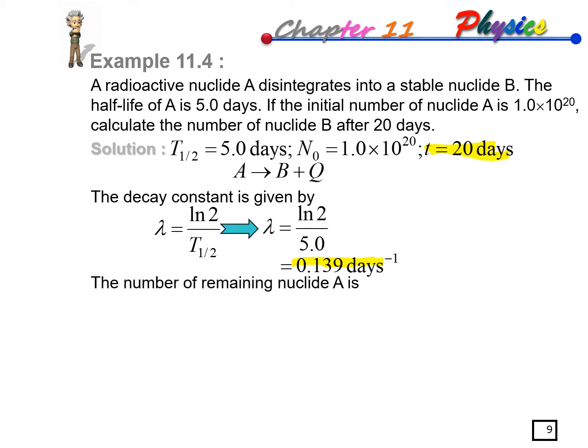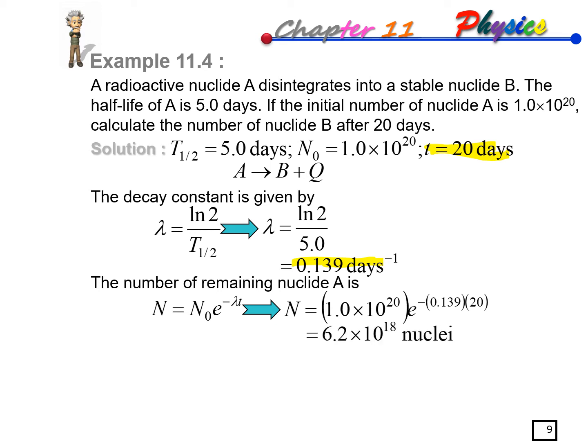For the number of remaining nuclei, we apply the equation and replace the values: the initial number of nuclei times exponential of minus the decay constant times t, which ends up with 6.2 times 10 to the power of 18 nuclei.